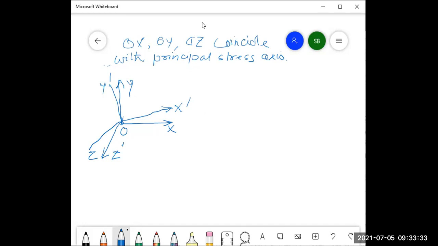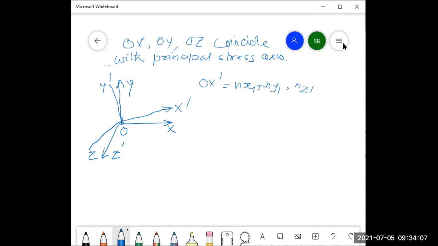So it has direction cosines, which are the cosines of the angles subtended by the line OX dash with OX, OY, and OZ. These direction cosines of OX dash are nx1, ny1, and nz1.